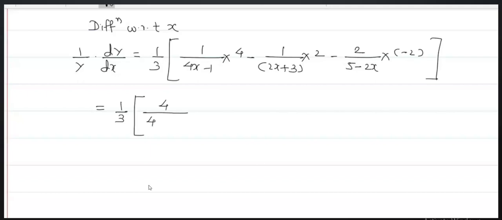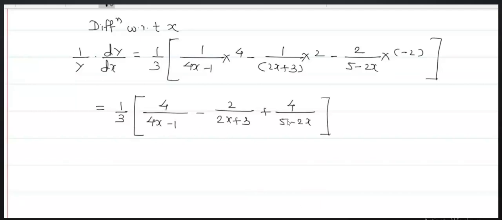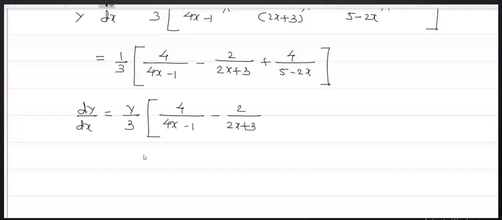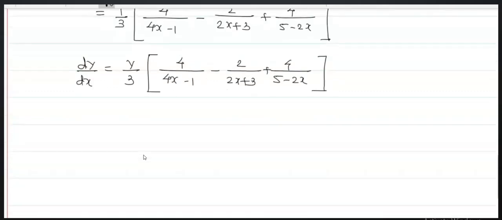Therefore, 1 by 3 into 4 upon 4x minus 1 minus 2 upon 2x plus 3 plus 4 upon 5 minus 2x. Therefore, dy by dx is equal to y upon 3 in bracket 4 upon 4x minus 1 minus 2 upon 2x plus 3 plus 4 upon 5 minus 2x.